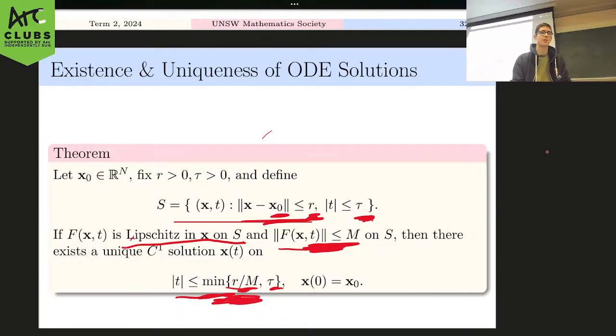So if it meets that criteria, then it turns out we have a unique solution that's continuously differentiable, which is quite nice for us. Okay.